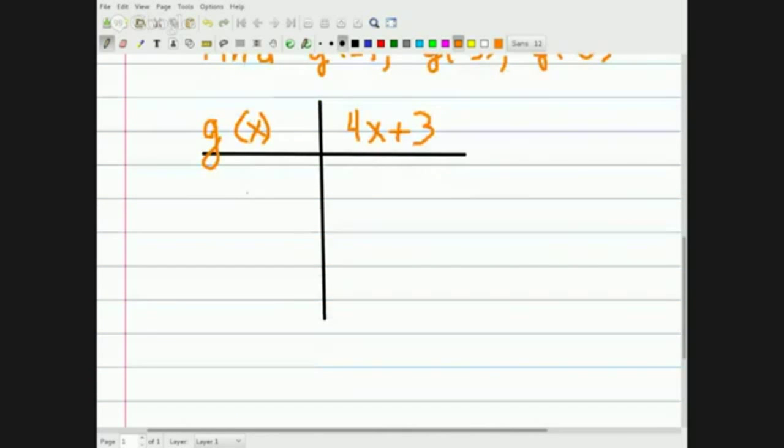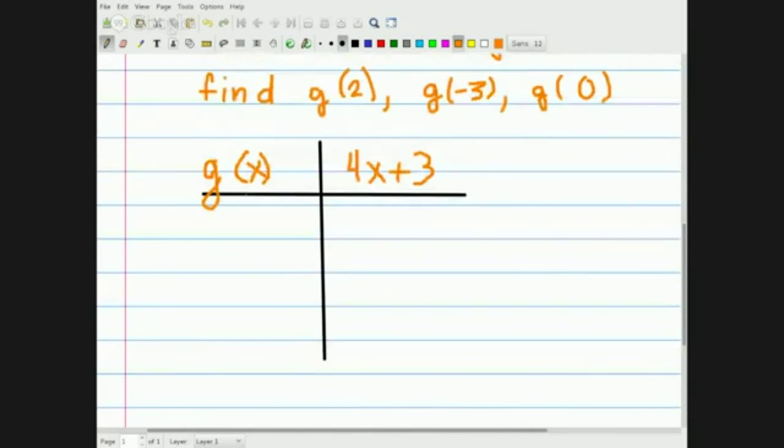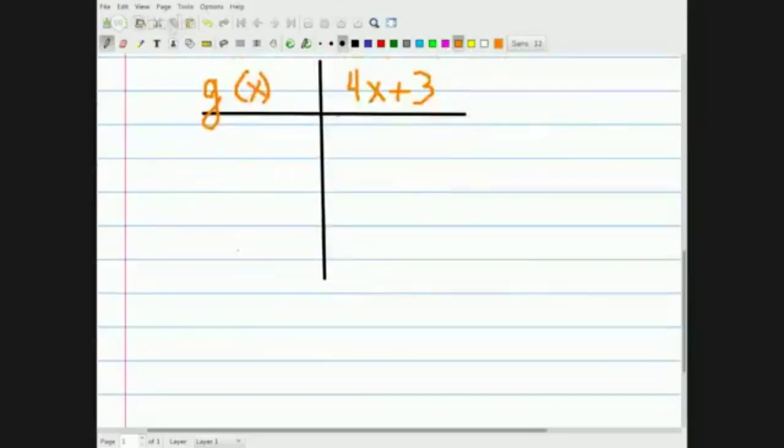Now, for every value of x, we are going to get an output. Think of functions as machines that can take inputs and give you outputs.